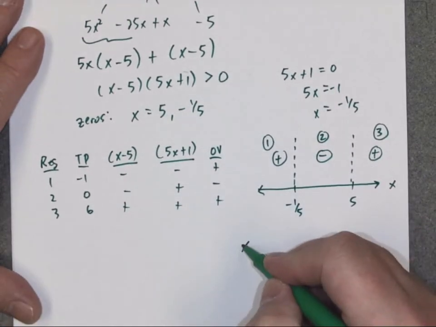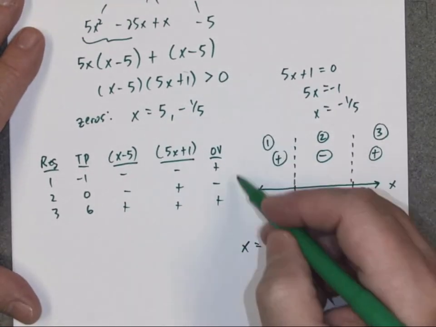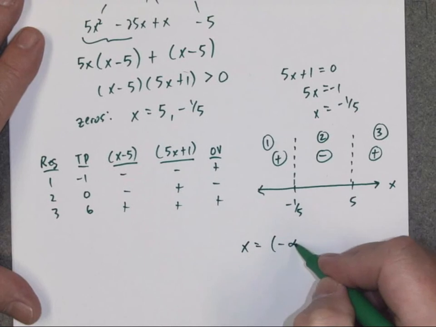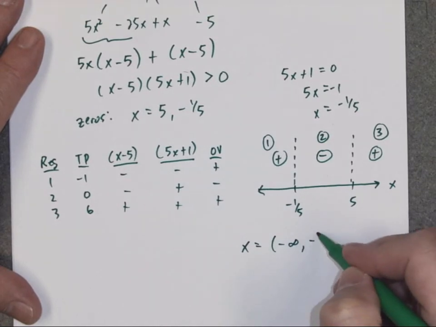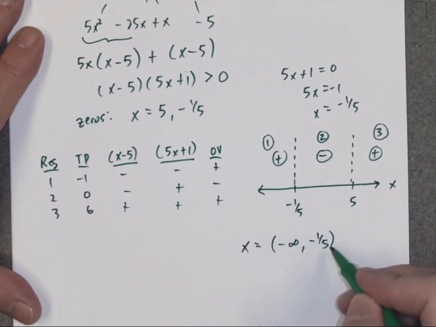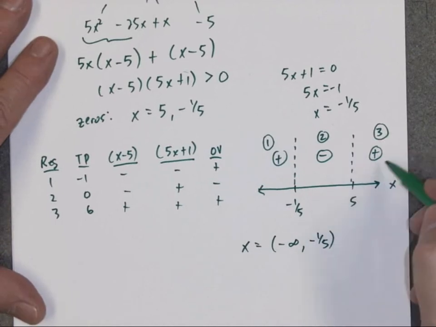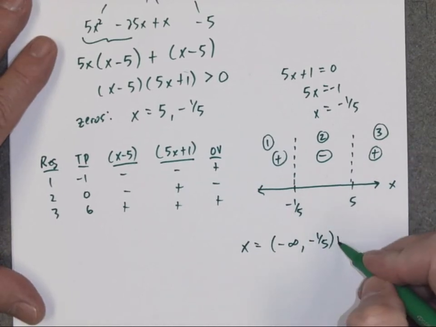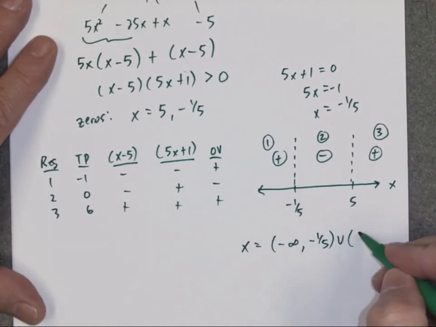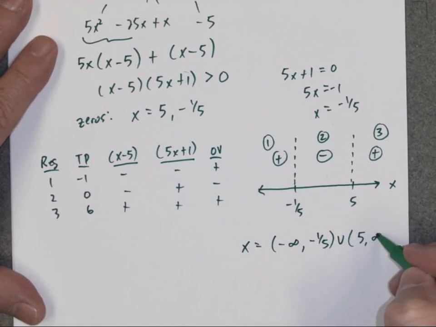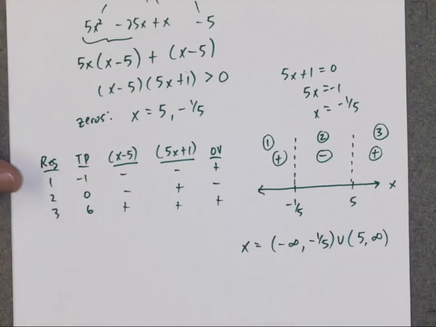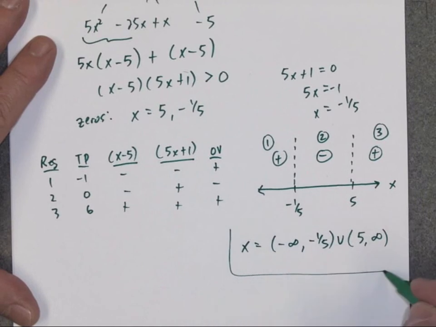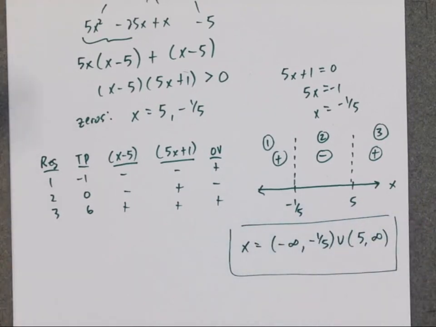So therefore, the solution is region 1, which is negative infinity to negative 1/5. So this is an interval. But region 3 is also positive, so I union it. I start with 5, and I go to infinity. And there's your solution.